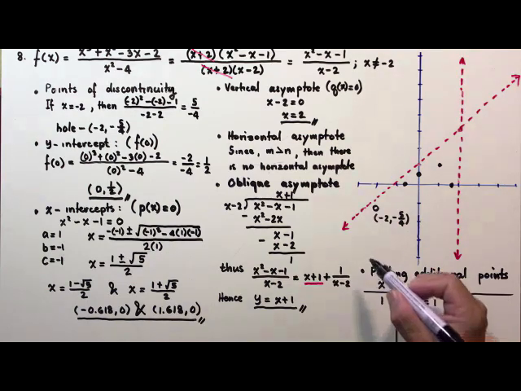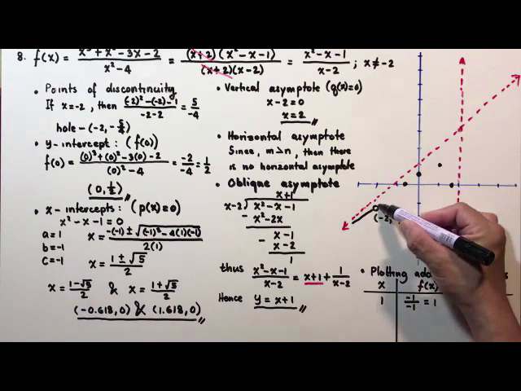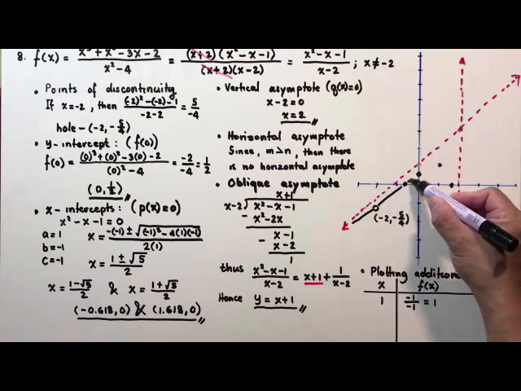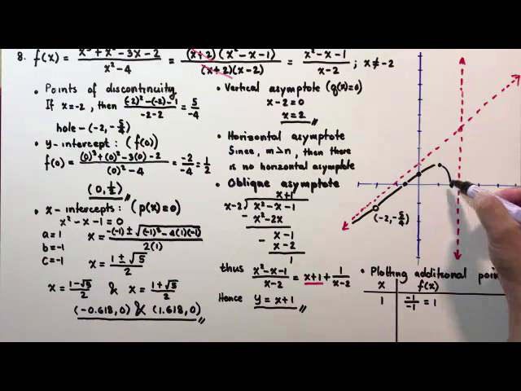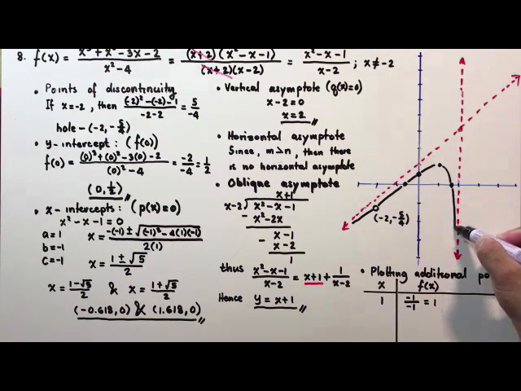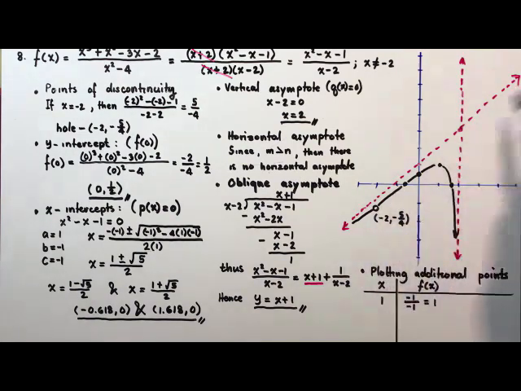And we can decipher that the graph is like this, using these points and connecting them to form a smooth curve that is approaching this vertical line as the vertical asymptote and approaching this line as our oblique asymptote of the graph. Also, I want to see where the graph is to the right of this vertical asymptote.